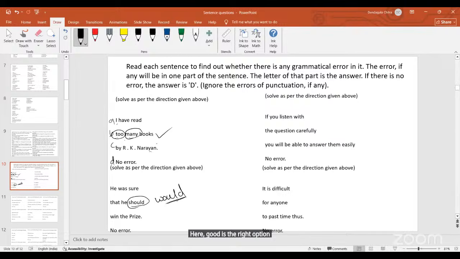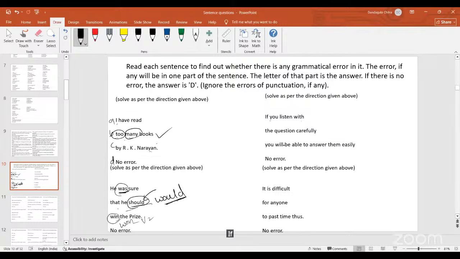He has that chance. Here, should is like suggesting or demanding someone to do something. It's up to him to do it or not. So here, no one is forcing him. So he was sure that he would win the prize, right? Why not "won" here? As we already used a past word, that is "was", there is no need of using "won" again. That is the V2 form.